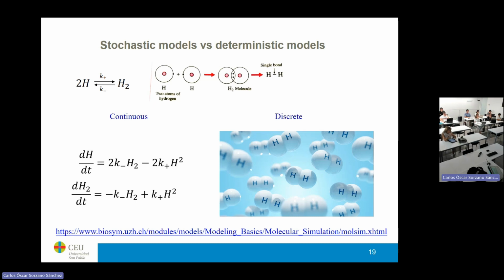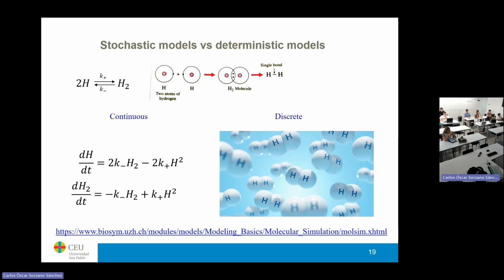So we can write the differential equation describing this behavior. We have 2 states: the concentration of atoms and the concentration of molecules.